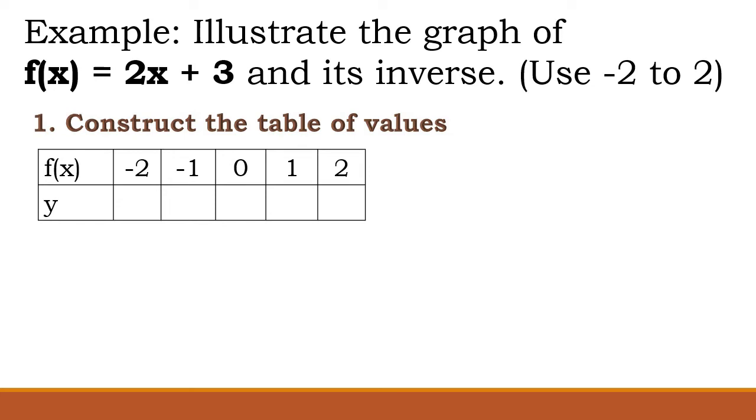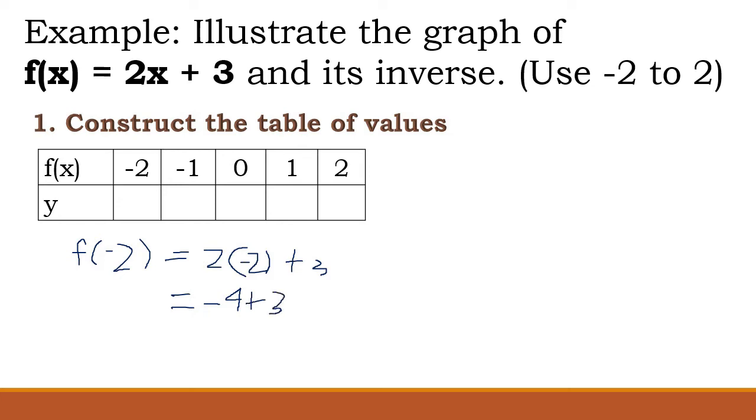Substituting this, f of -2 is equal to 2 times -2 plus 3, which is equal to -4 plus 3.